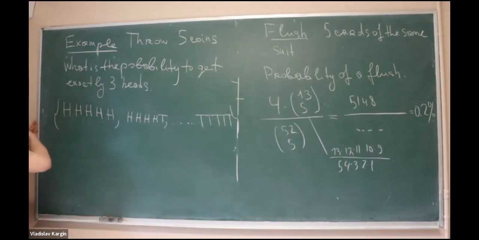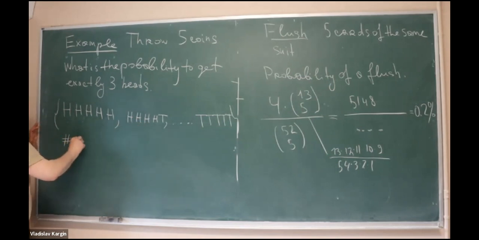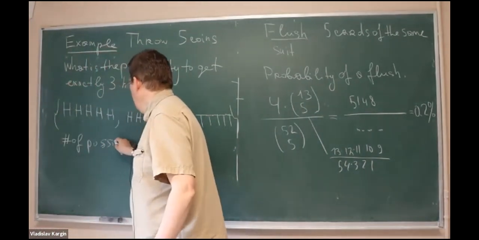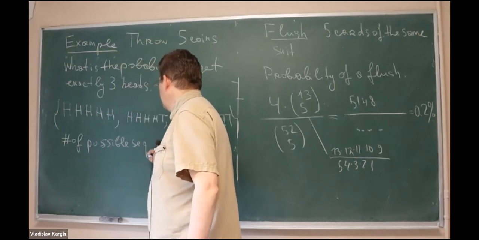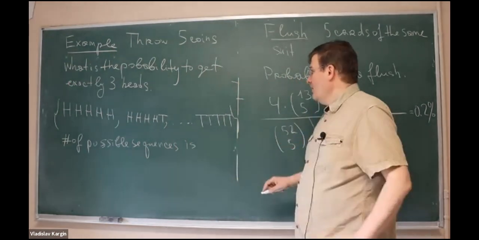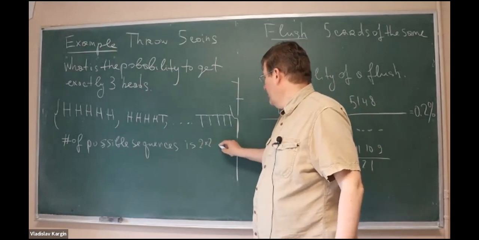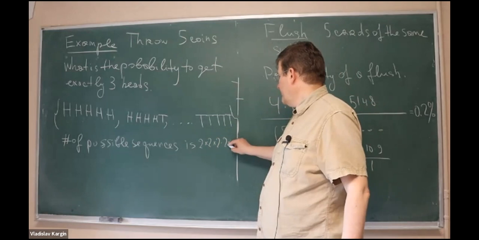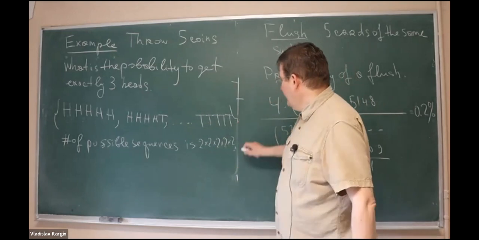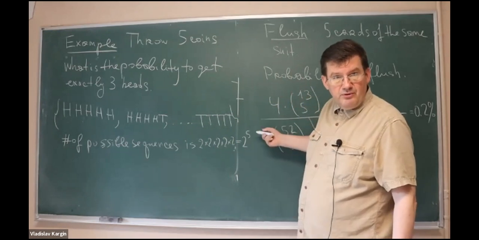So the number of all possible sequences here is 2 times 2 times 2 times 2 times 2, 5 times, because 5 coins. Which is easier to write as 2 to the power of 5. In principle, you can calculate it, this is 32.